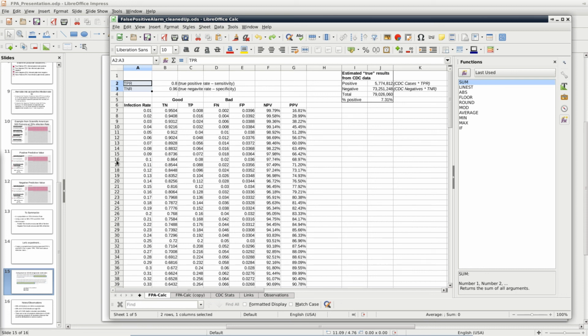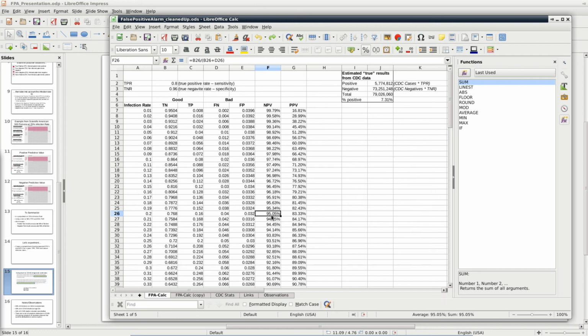And so let's take a look and make some observations. One thing that stands out to me is that you see the negative predictive value is 95% or better, all the way from 1% infection rate up to 20% infection rate.